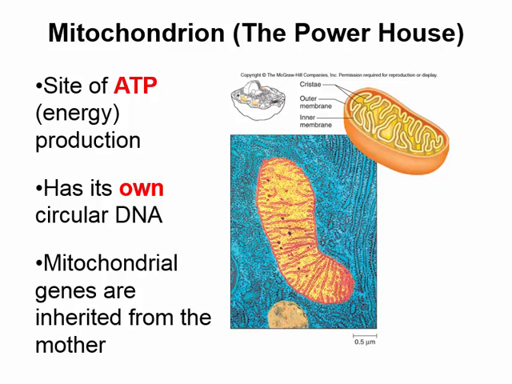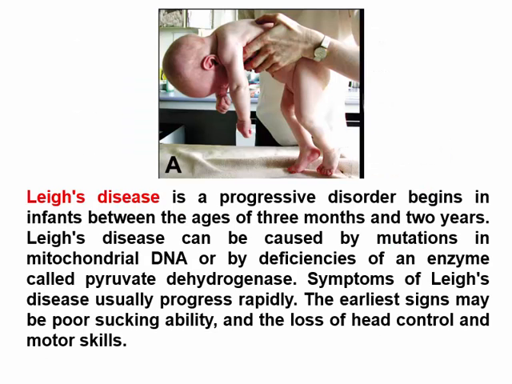So what happens if something goes wrong with the production of energy? What happens if you have a genetic mutation in one of those mitochondrial genes? Not the DNA in the nucleus, but DNA in the mitochondria. Leigh's disease. Leigh's disease is when you are having a problem in the mitochondria. One of those genes that I told you in the mitochondria has a genetic mutation in it.